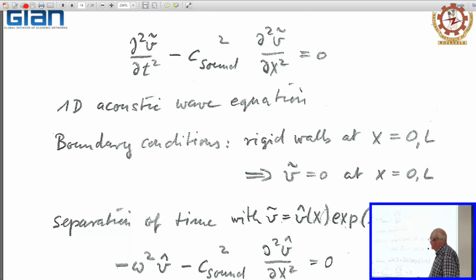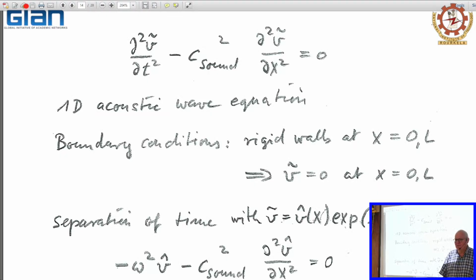But what is the requirement to do that? Is there a requirement on the sound speed? What would happen if one of the coefficients depended on time? Then this separation is no longer possible. So one of the basic requirements to be able to separate the time is the independence of time of the coefficients of the differential equation.